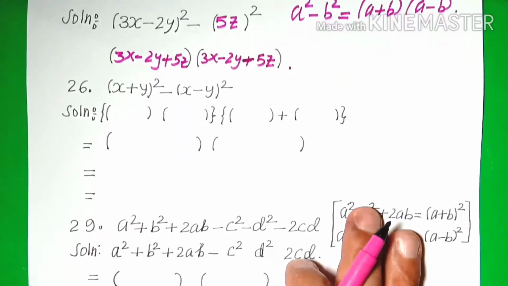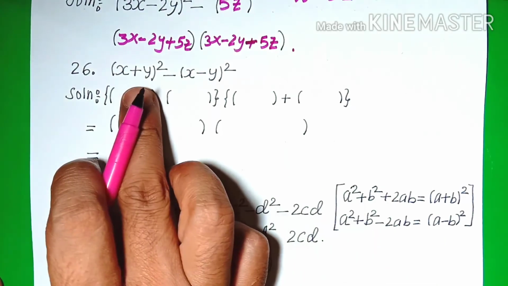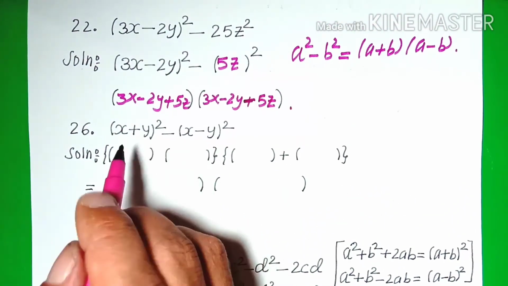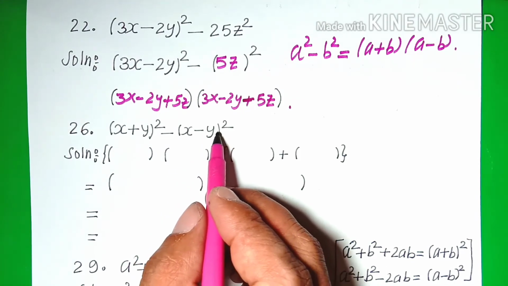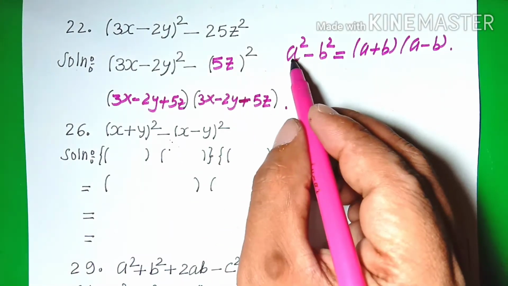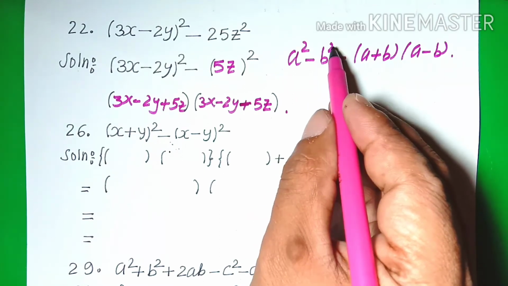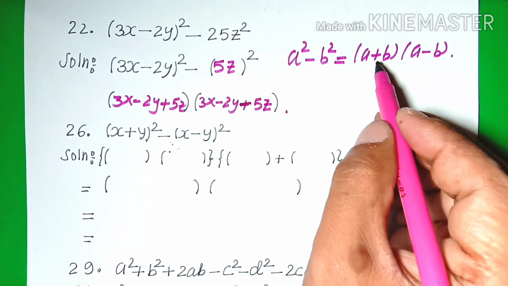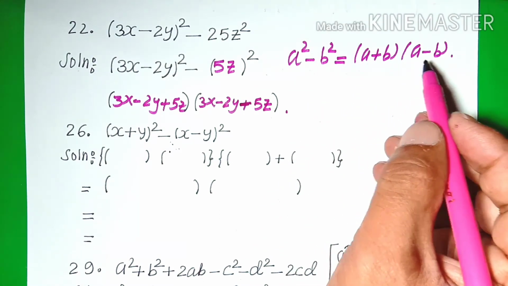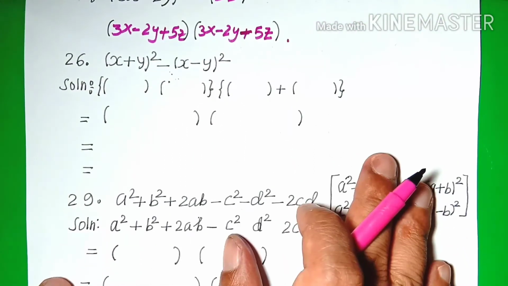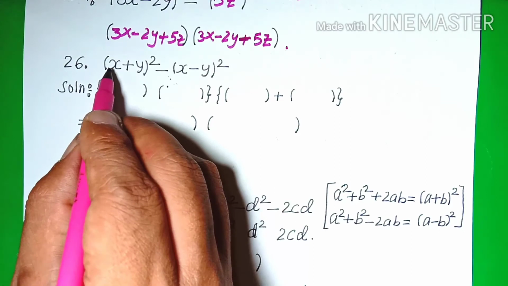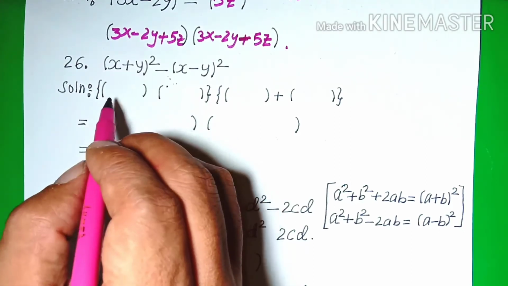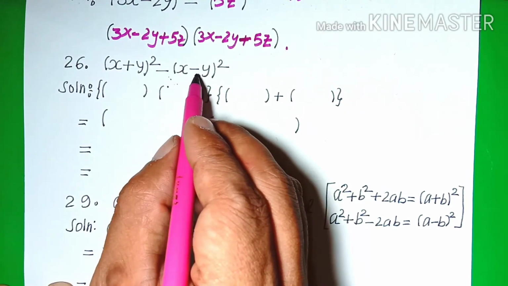The next one here, again it's already in the form of x plus y the whole square minus x minus y the whole square. So it's already given in the form of a square minus b square. Straight away you can take a plus b times a minus b. Now taking the formula here, a means this x plus y can be taken as a, and b means x minus y.